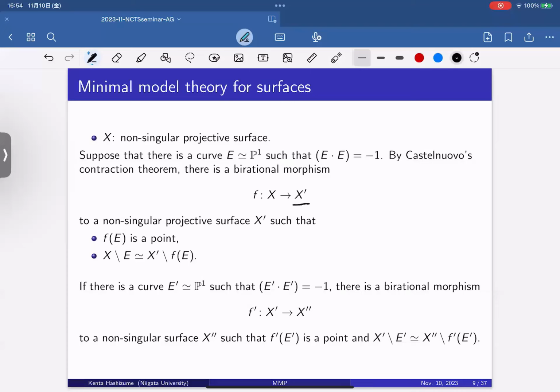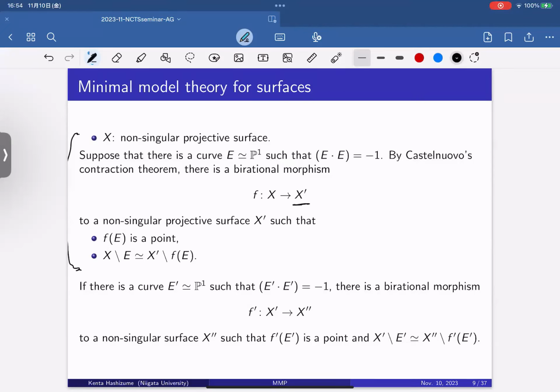On the other hand, if there is no -1 curve on X, we stop the discussion. This is the first step of the minimal model program, MMP.